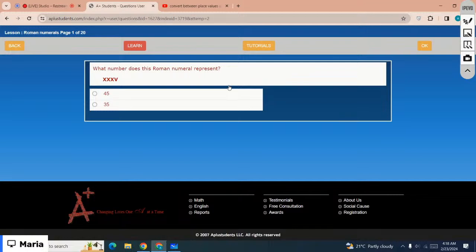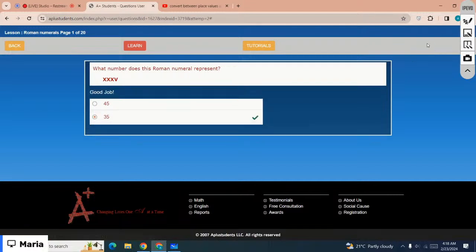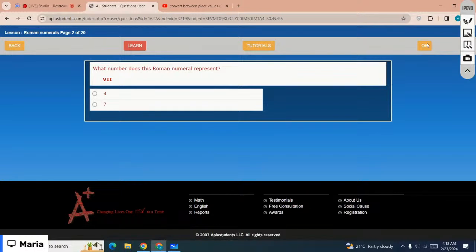The correct option is 35. What number does the Roman numeral represent? So which number is it?